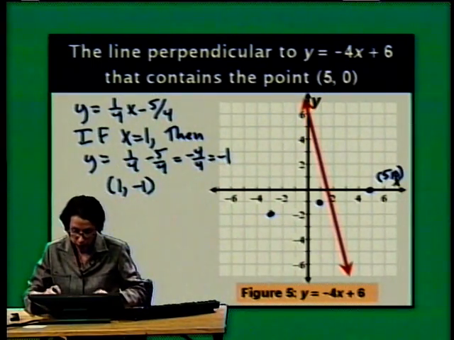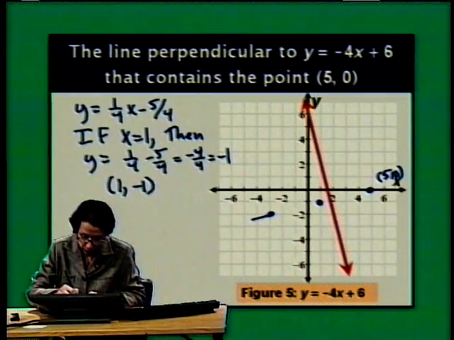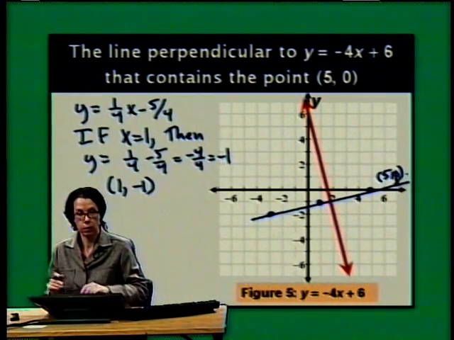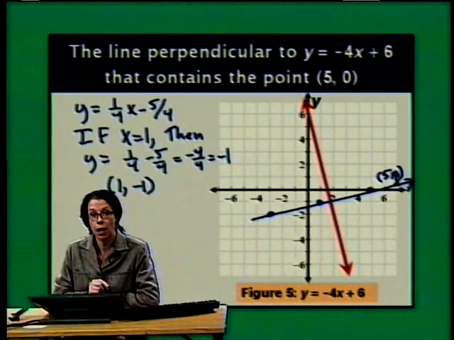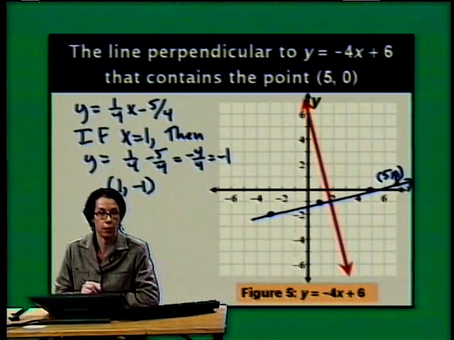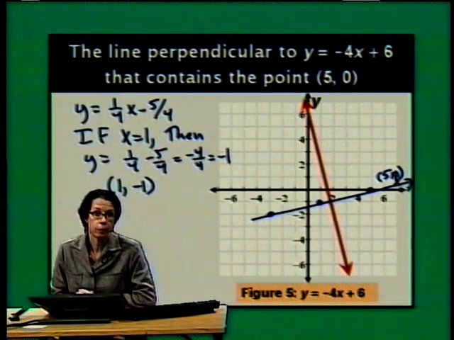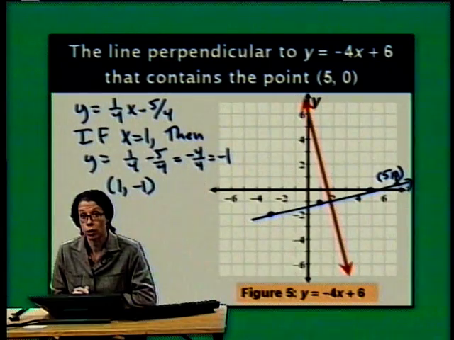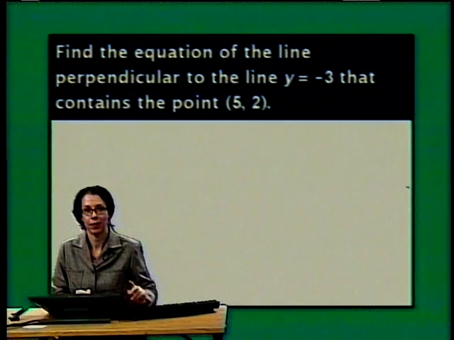And when I connect these 3 points using my ruler, I should see that I have a line perpendicular to my given line that contains the point (5, 0). So I've drawn a line that appears to be perpendicular. And remember what we talked about in an earlier lesson. These lines will only appear to be perpendicular if we have equal scales on both axes, which indeed we do in this example. Let's do another one.